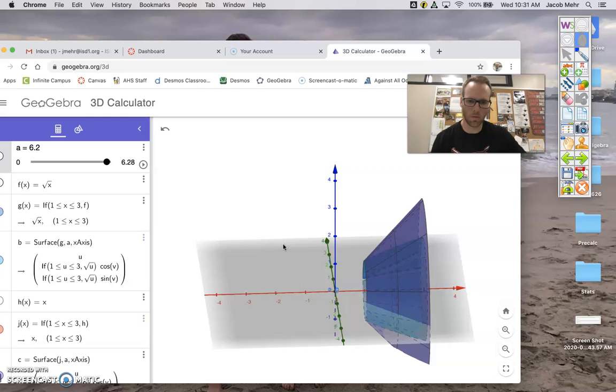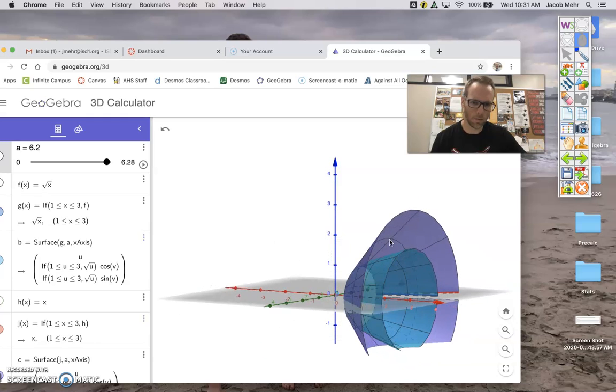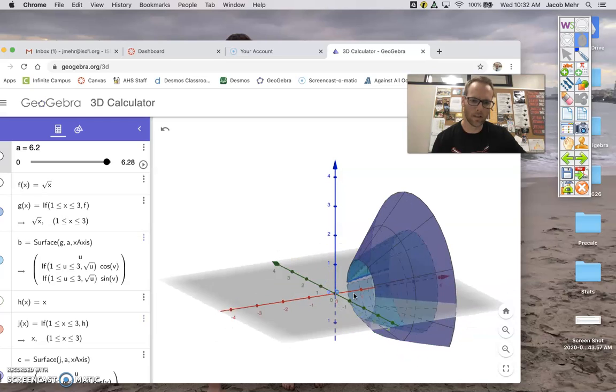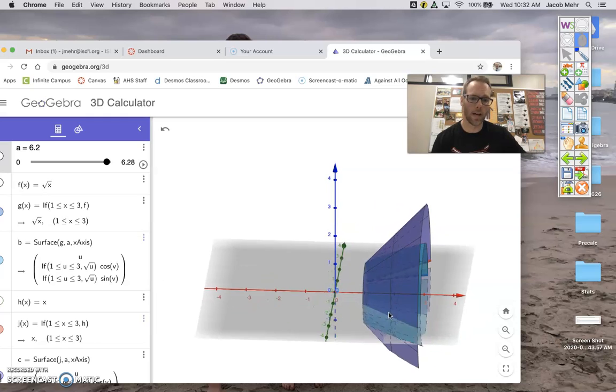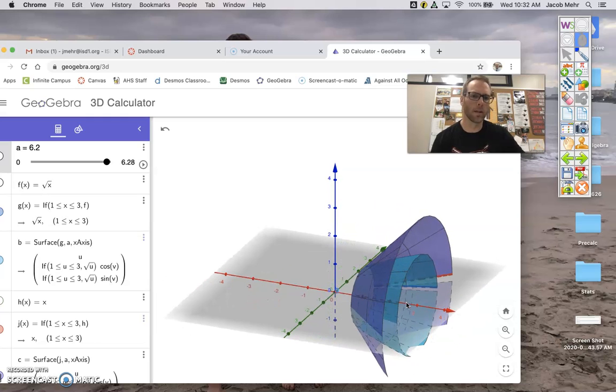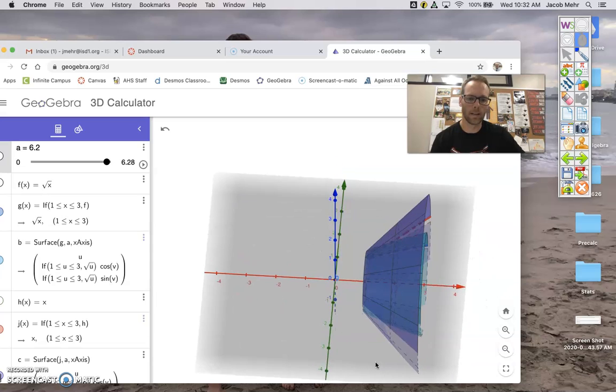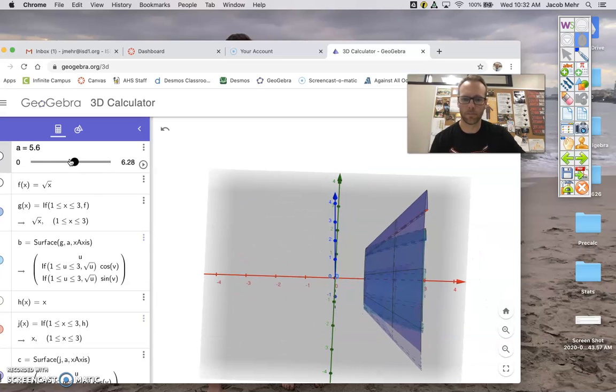So what we want to do is find the volume in here, not in there. So this is actually hollowed out. It's this shape right there, which has a hollow inside. It's bounded by kind of this truncated cone on the outside and this truncated bullet shape on the inside. We want to find that volume.